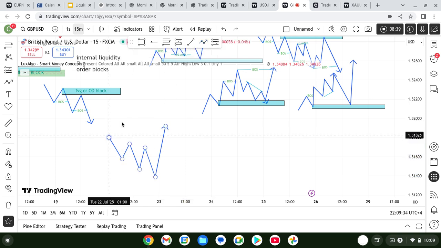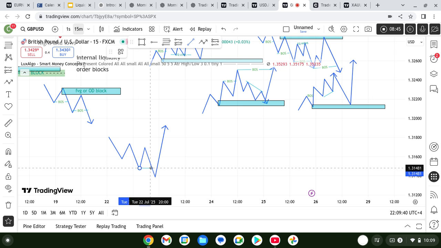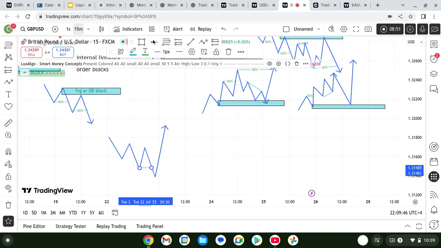It has swept this recent lower low and caused the break of structure.